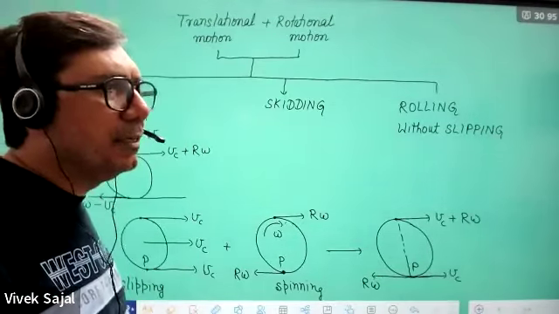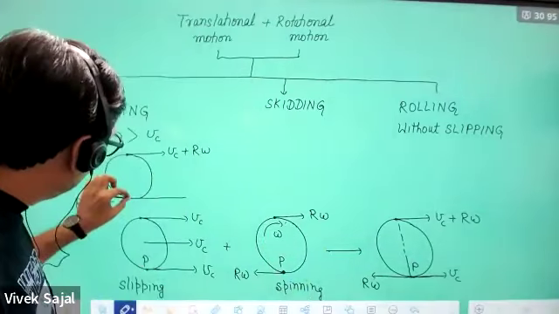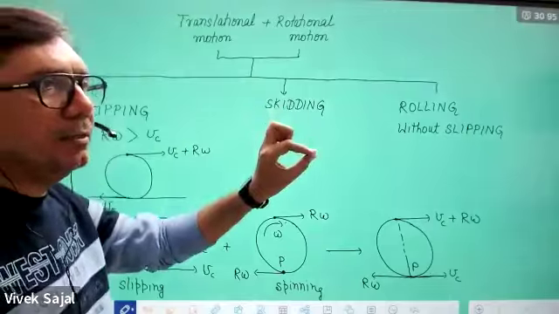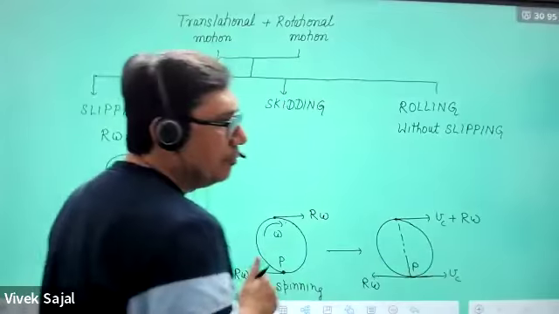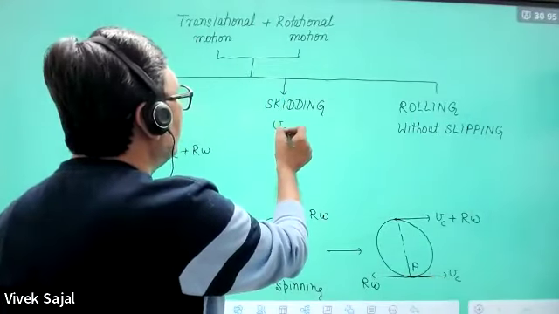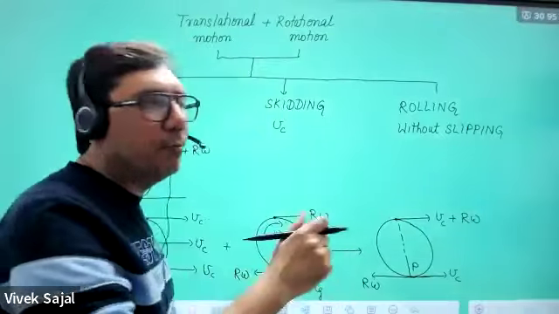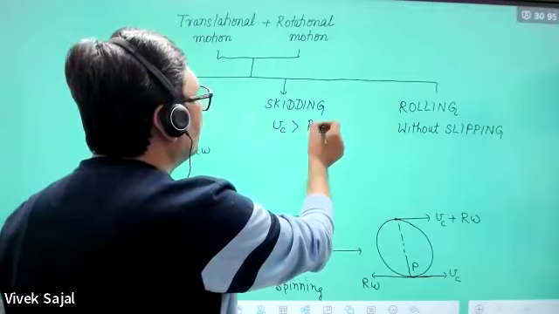Now, the second may be skidding. In case of skidding, basically the resultant motion of the lowest point is in the forward direction. So when is that going to happen? If this VC is greater than R omega. The second case is possible if the velocity of the center of mass is greater than R omega.